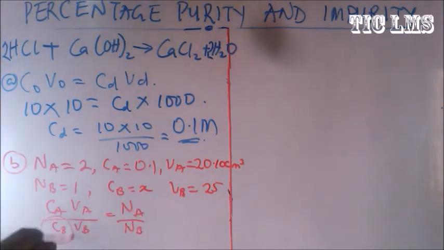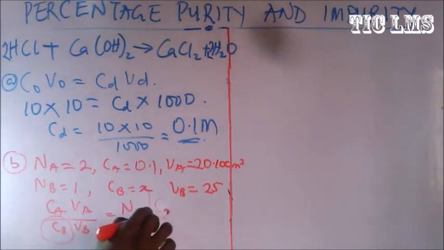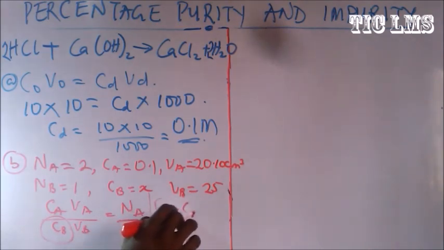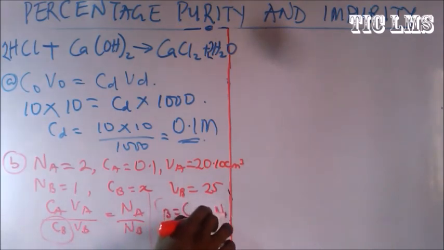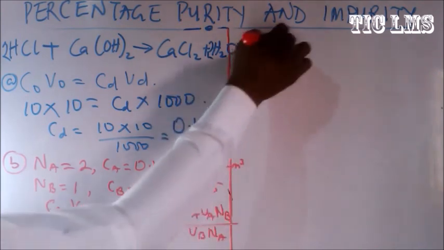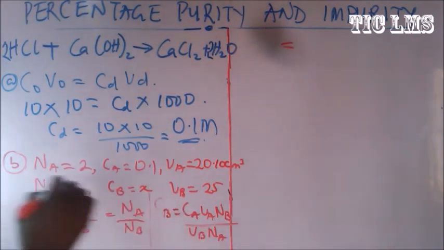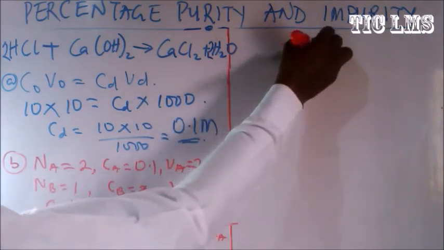So we are looking for this, and so we'll make it the subject of this formula, and that will be concentration of base equals CaVaNb over VbNa. Next is to substitute our values into this. So concentration of acid here is 0.1.